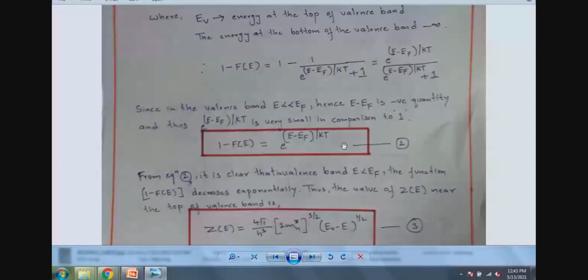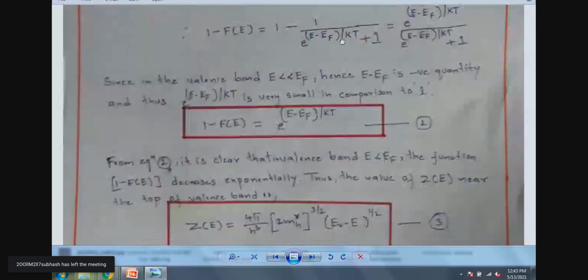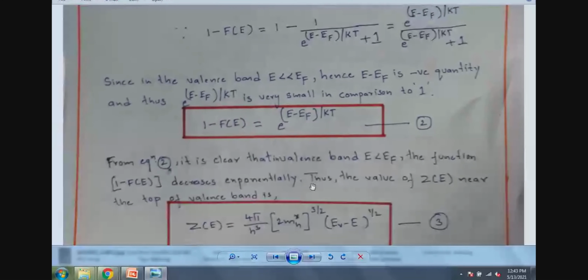From equation 2 it is clear that in the valence band E is very much less than EF, so the function 1 minus f of E decreases exponentially. That means as we move from the top level to the bottom level, the concentration of holes decreases exponentially.